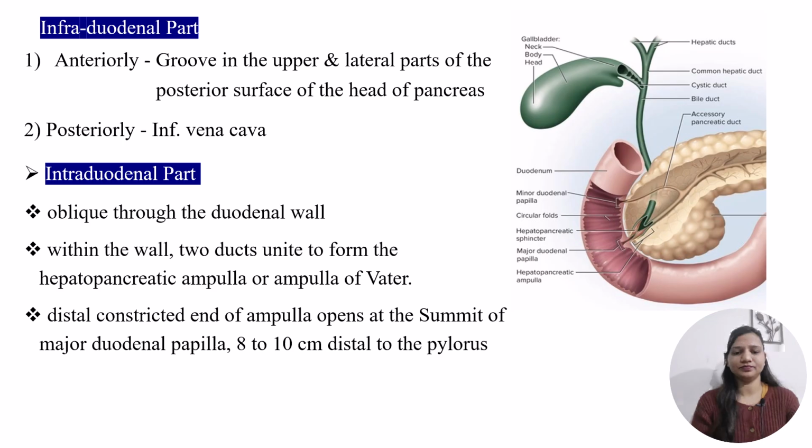Moving on, now let's see the relations of the infraduodenal part. So the infraduodenal part means that which is present below the duodenum or behind the head of the pancreas. So anteriorly this part is present in the groove in the upper and lateral part of the posterior surface of the head of pancreas.